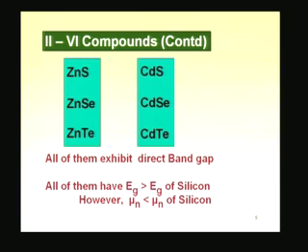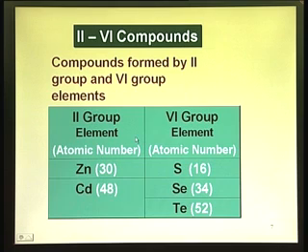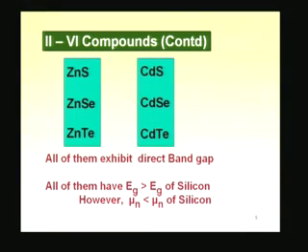These turn out to be direct band gap materials, most of them. Notice their atomic numbers are rather high: 48, 35, 34, 52, etc. The other thing you have to see here is that as far as band gap is concerned, you will be happy about this. As far as mobility is concerned, you will not be happy.